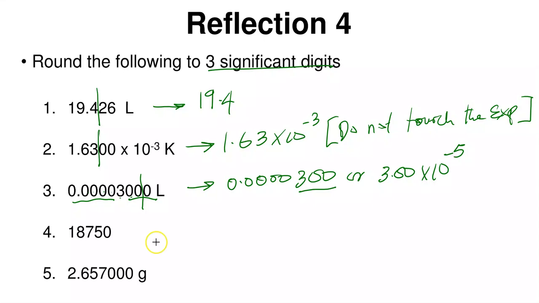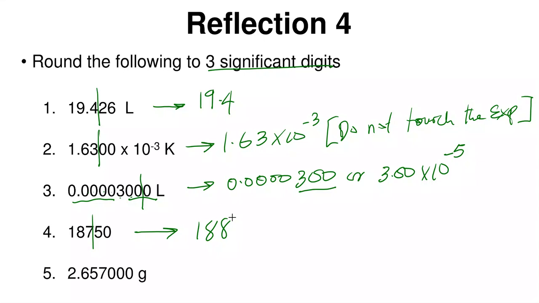Then the next one here, we're also going to take it to 3 digits. So we want to take it to this point. What it simply means is that we're going to be dropping every number and moving it over there. Now, if you look at this number, some students will be tempted to say it is 188. No, it's not 188, because this number here is actually 18,750. This is 188. It's not the same thing.